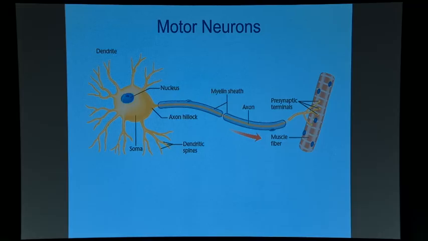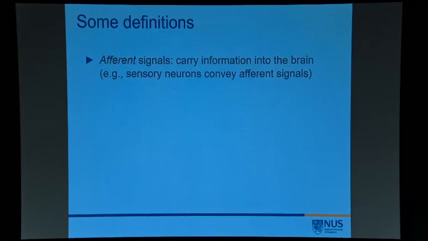Okay, some basic definitions that are worth mentioning. One is the idea of afferent signals, which refers to signals in our nervous system that are carrying information into our brain or into our central nervous system.